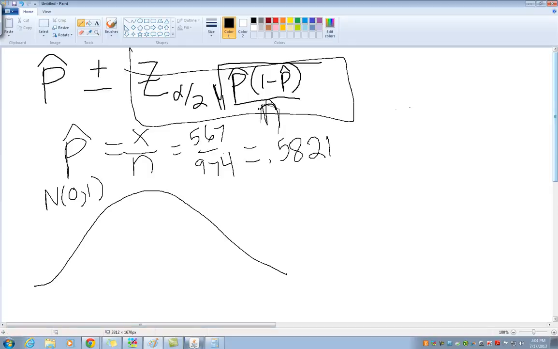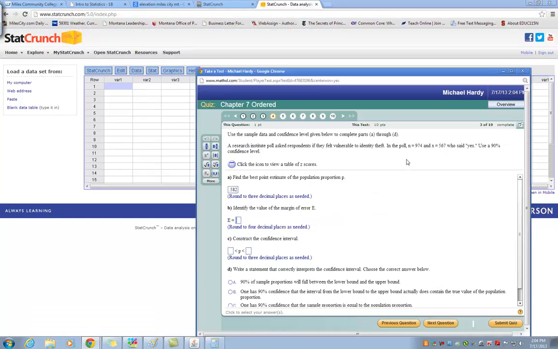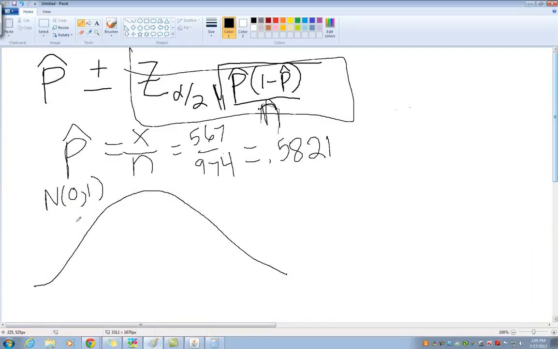It's easier as long as we know what we're doing in StatCrunch. So, what level of confidence do they want? They want us to find 90% confidence. And so that means that to find our Z, we cut off the middle 90%.